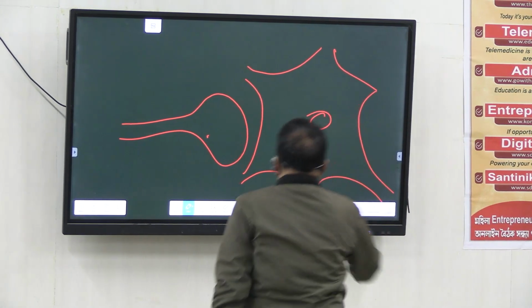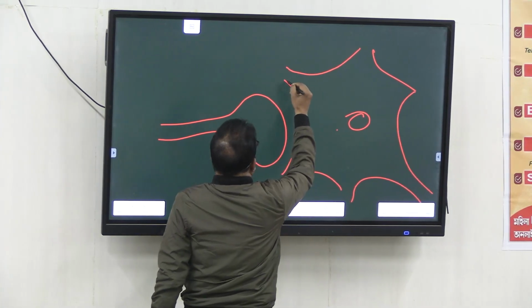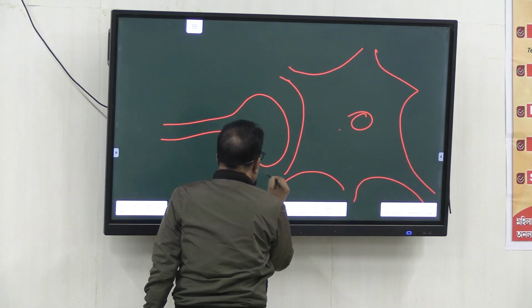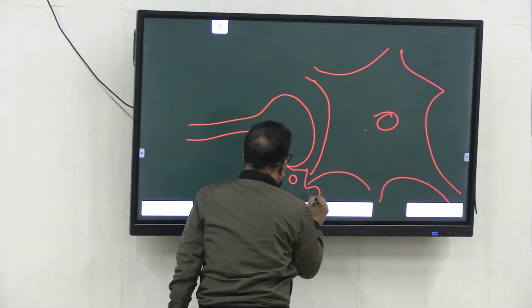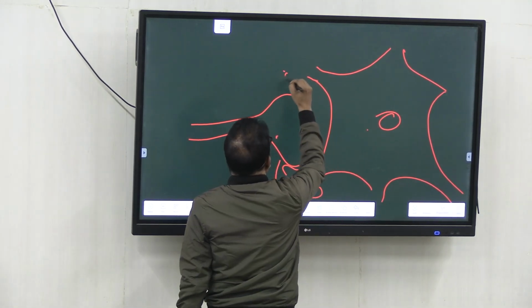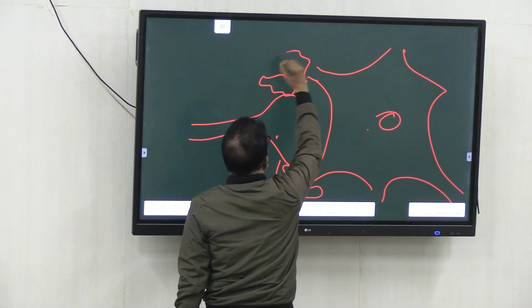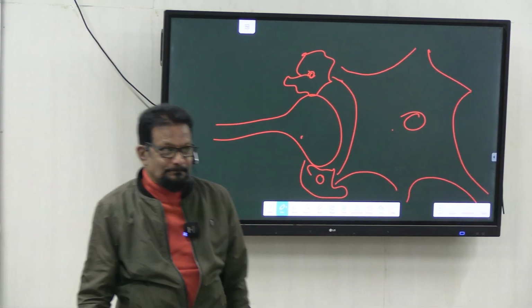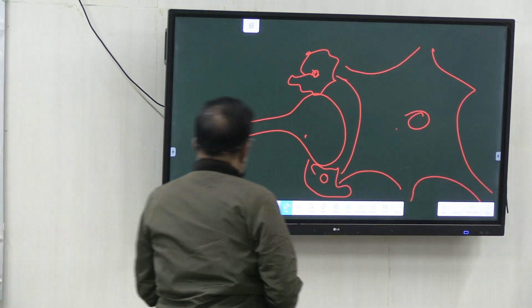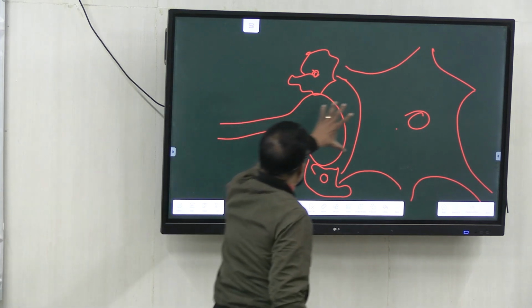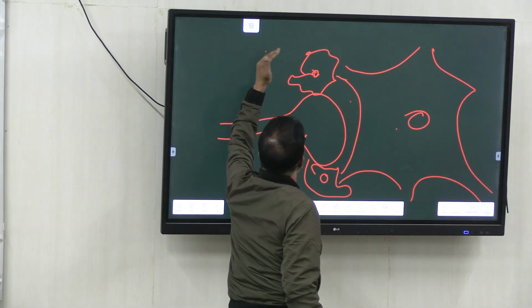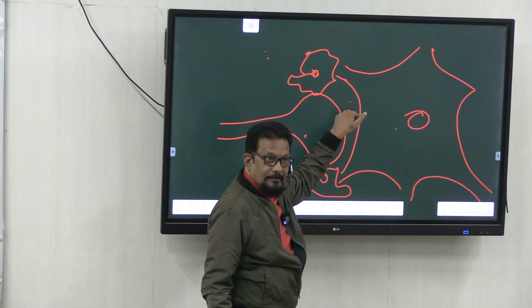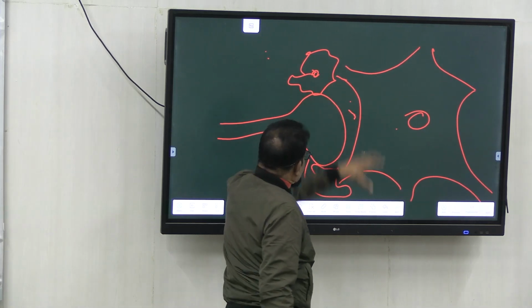This gap is covered by neuroglia, so that this part cannot be disturbed from outside. So they protect the synapse.